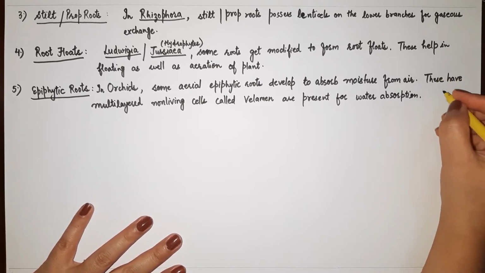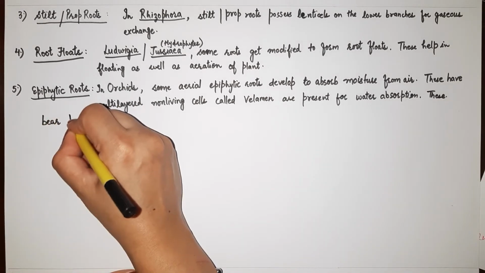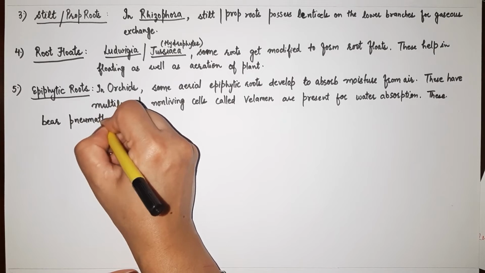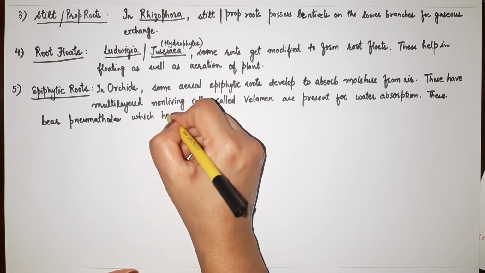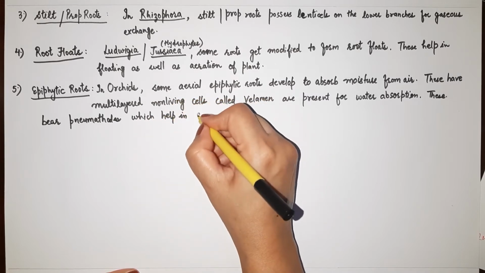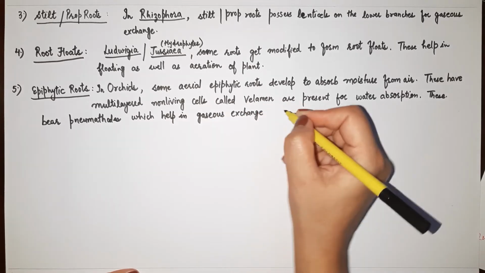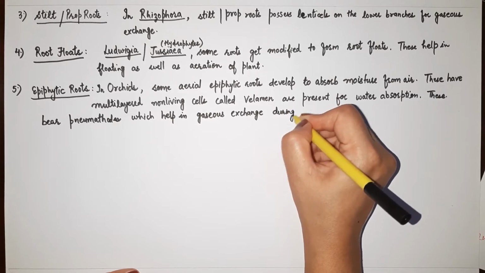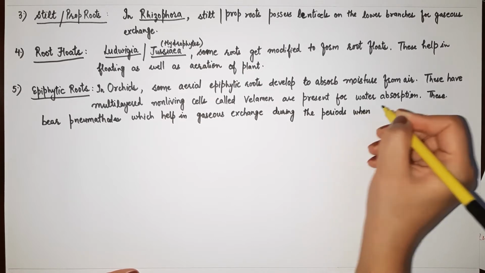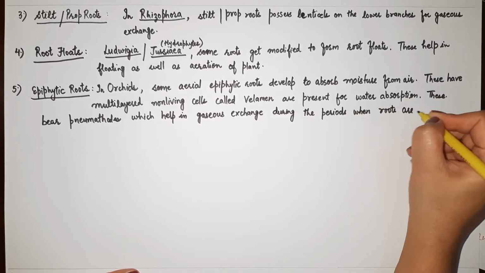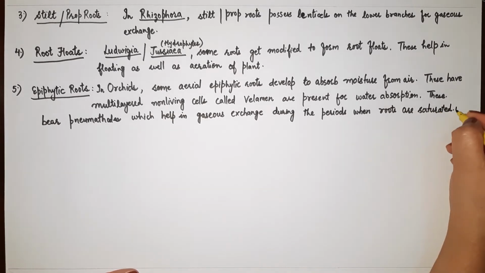Okay, so these bear pneumatodes, means lenticels, which help in gaseous exchange during the periods when roots are saturated with water.